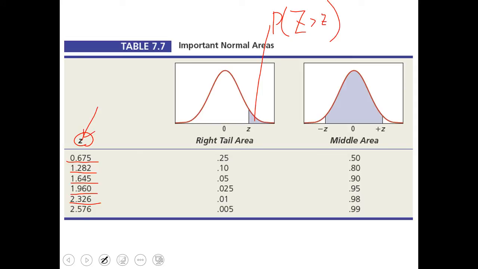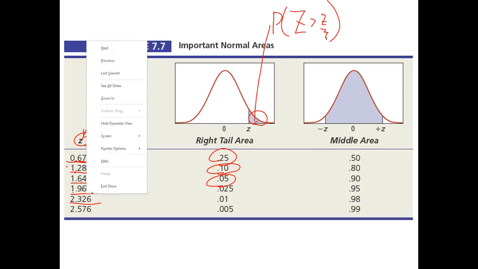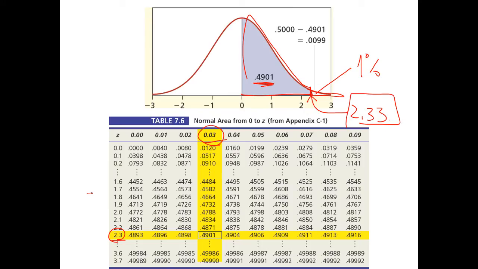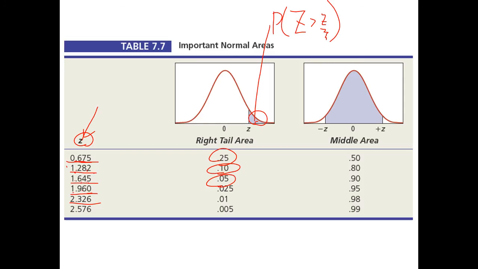Again, this area is the probability that z is greater than small z, and small z is here. If small z is 0.675, then this right tail area is 25%. At 1.282, the right tail becomes 10%. At 1.645, 5%. At 1.960, 2.5%. And at 2.326, 1%, and so on.